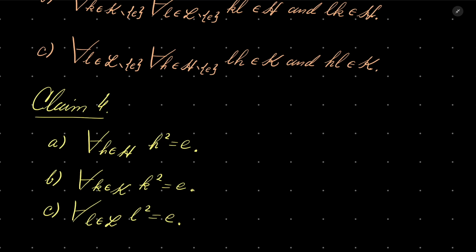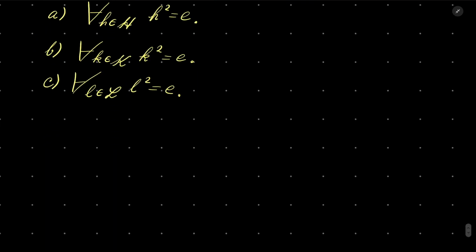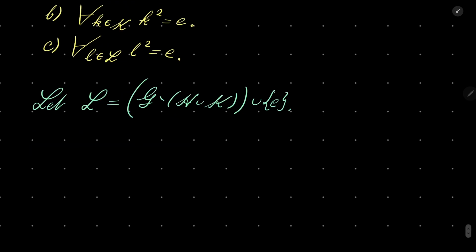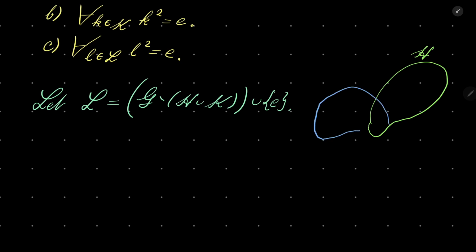Okay, so as I suggested, let L be G minus the union of H and K union E. Notice the following. We can draw the following Venn diagram. So here is our subgroup H. Here we can write our subgroup K, for example.